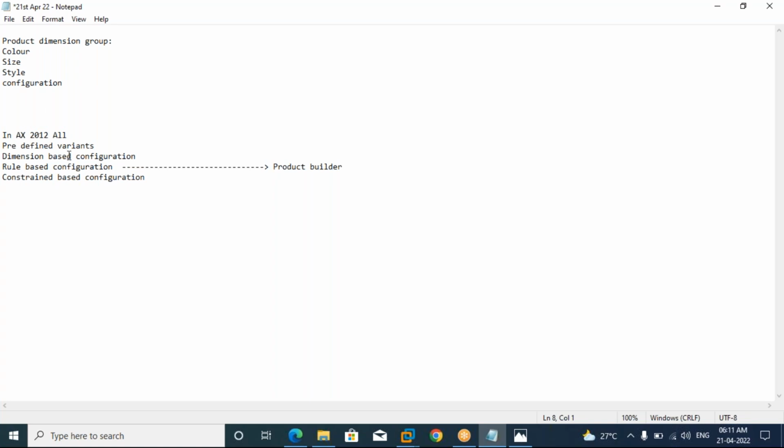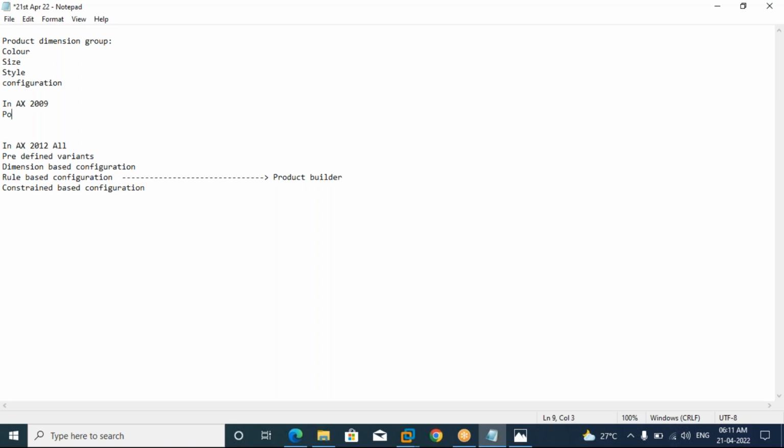In AX 2009 it is not there. So in AX 2009, the product builder module is there. This is actually what they did. This product builder module, they made it a sub-module in product information management.